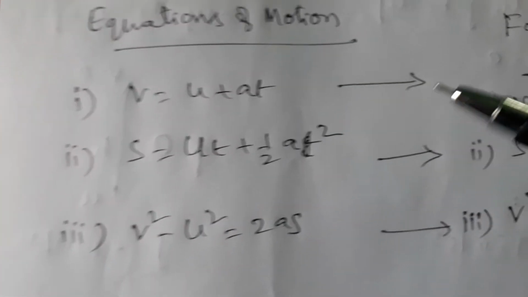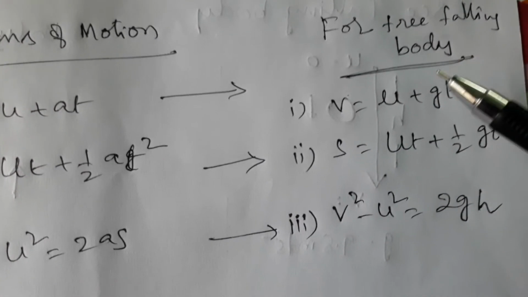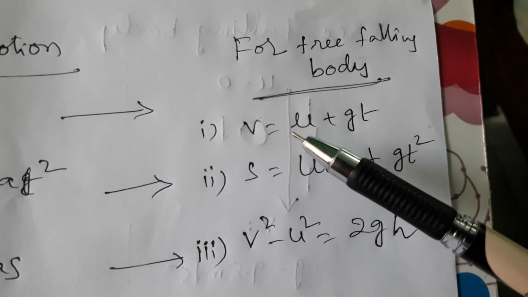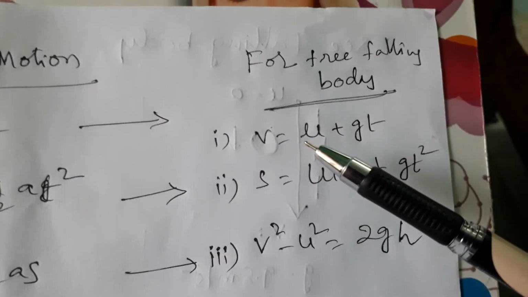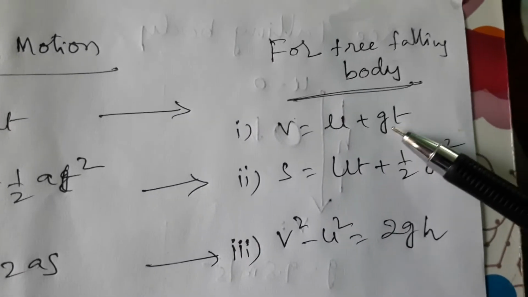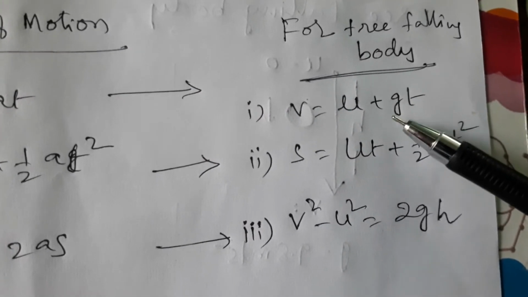Now, in case a body is falling freely, a free falling body, the same equations of motion we can apply for a free falling body also. That is also a moving body. V is equal to U plus GT, wherever A is, G is there, acceleration due to gravity.